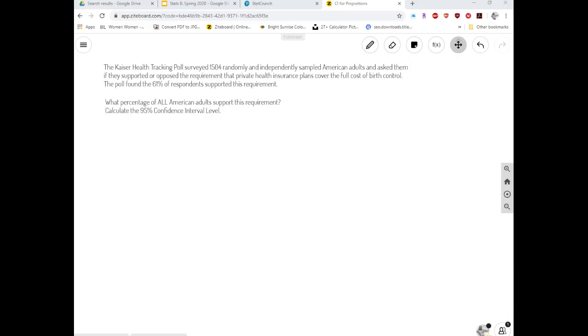Okay, so first, this says nothing about this being normally distributed, so we have to check the central limit theorem. So let's check CLT. Number one, random and independent. Check. It says this right here in the question. Number two, we need to see if our sample size is okay.